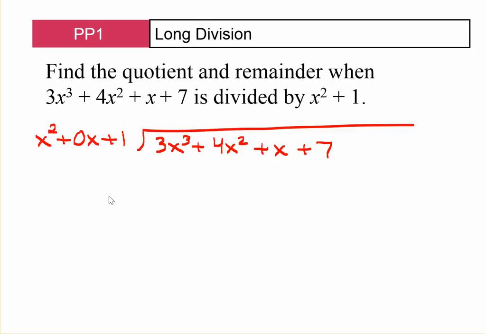Alright, and just to remind you guys, remember what we do is we just take the leading terms. We don't care about anything else. We take the x squared and we look at 3x cubed. The question is, what do you multiply x squared by to give you 3x cubed? 3x. Yeah, you need a 3, and then you also need an x to give you the cubed portion. So we write the 3x, and I like to do it this way.